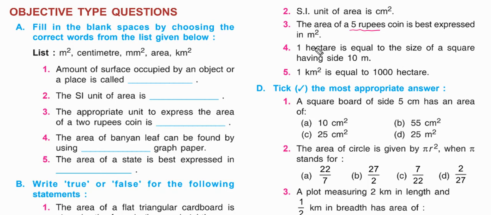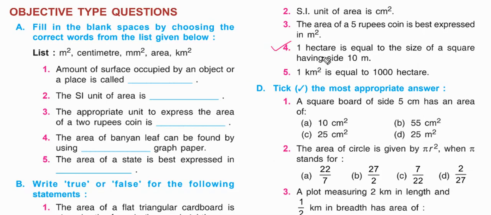The area can be found by a millimeter graph paper, and the best unit should be millimeter square. Beta ji, the area of a 5 rupee coin should be expressed as millimeter square. Now we are solving question number 4.